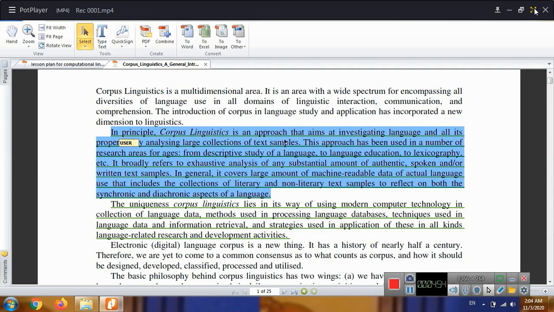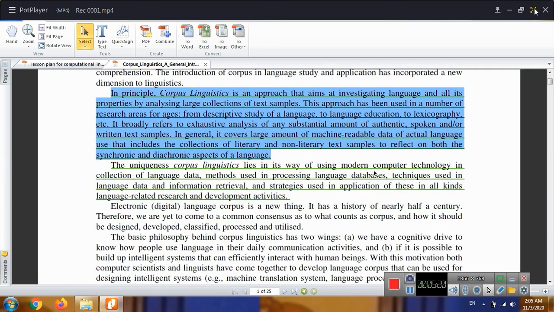In principle, corpus linguistics is an approach that aims at investigating language and all its properties by analyzing large collections of text samples. This approach has been used in a number of research areas for ages, from descriptive study of a language to language education to lexicography, etc. It broadly refers to exhaustive analysis of any substantial amount of authentic spoken or written text samples.